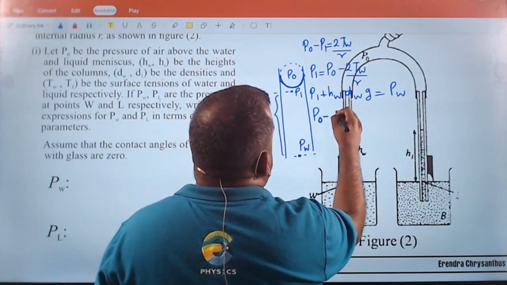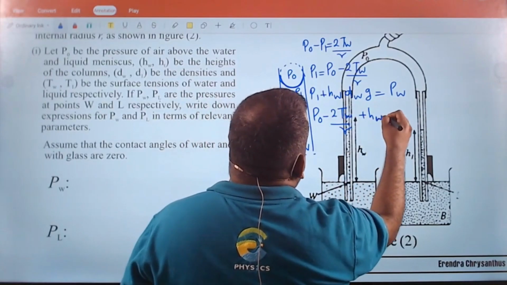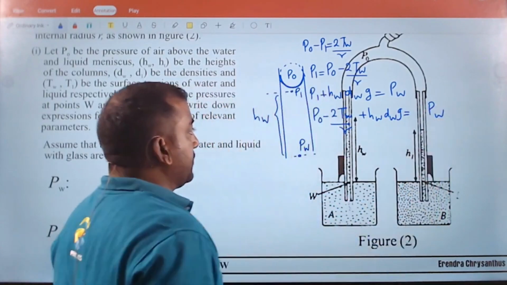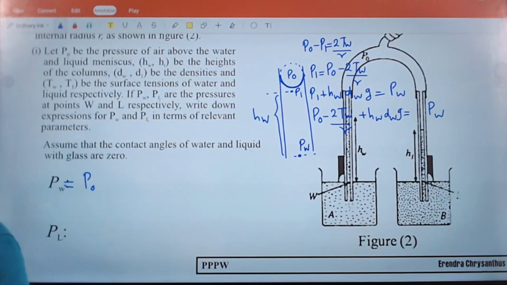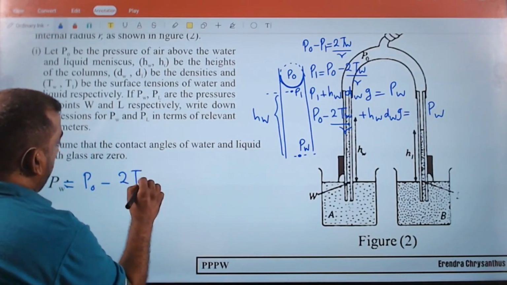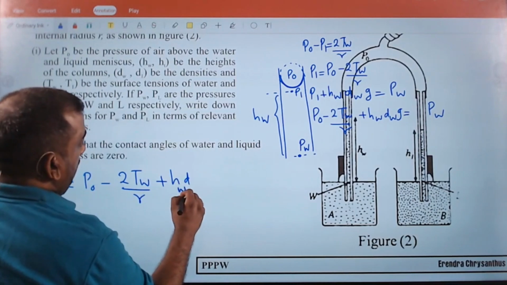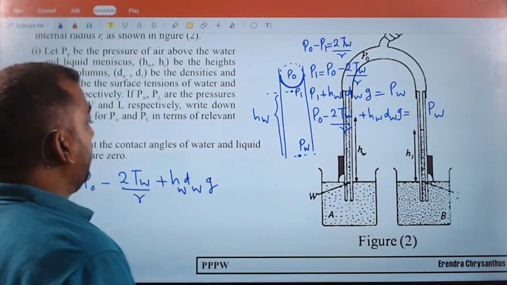So PW equals P naught minus 2TW over r plus HW dW g.